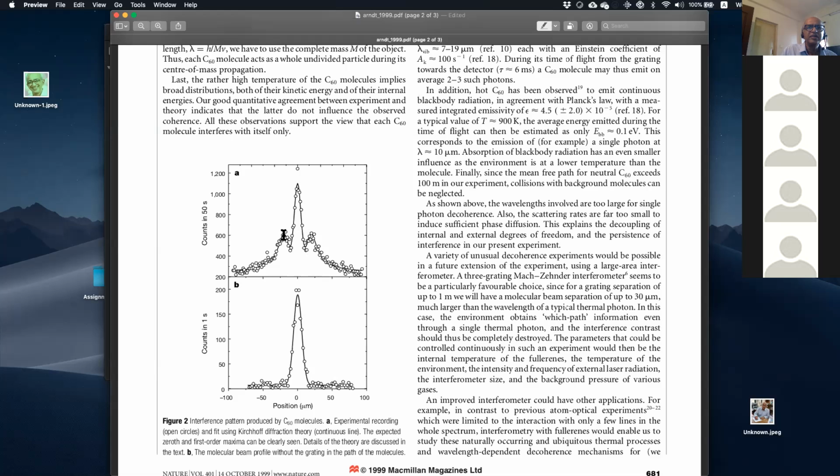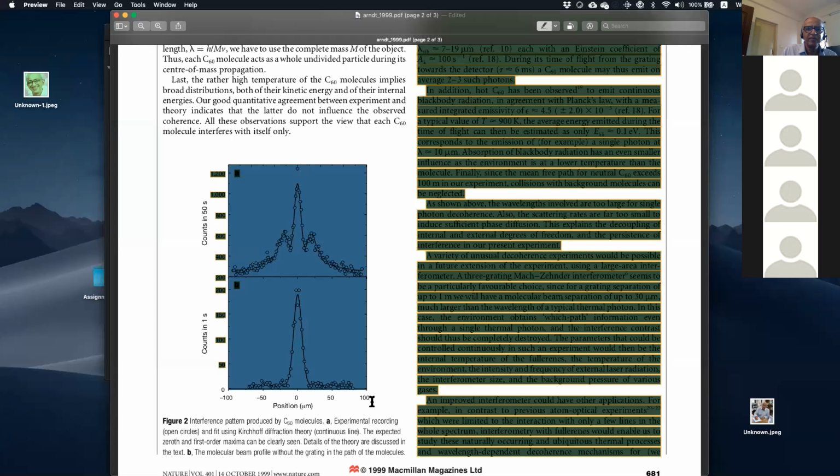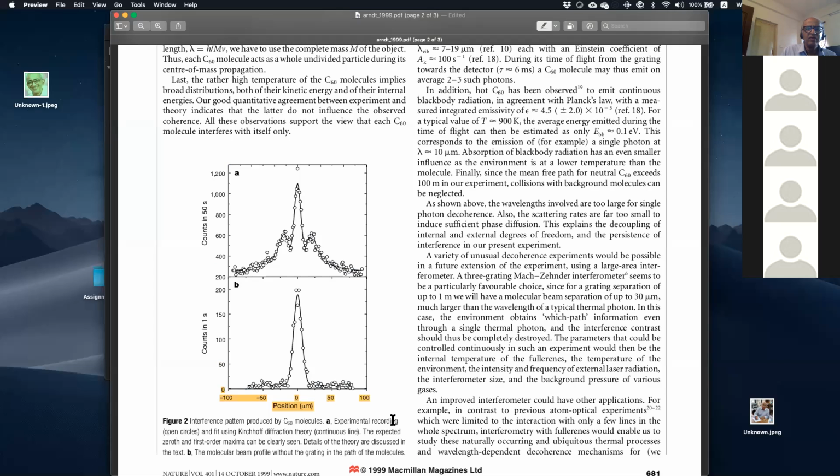This is actually the most important peak. Then there is another peak here and a similar peak on the other side. You are asked to calculate the separation in space between these two peaks. If you read from the x-axis down here, this will be around 25 micrometers.